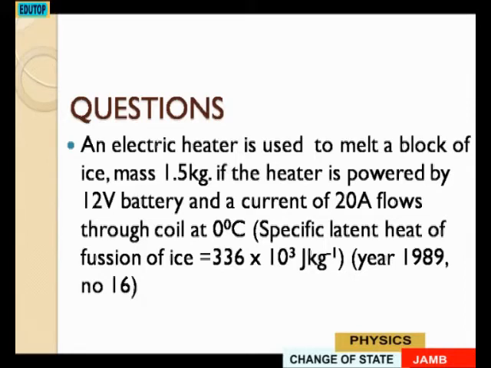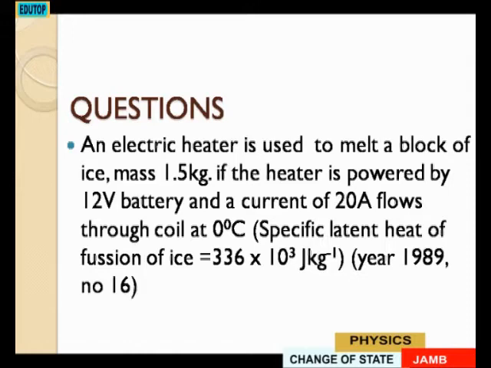We are given the specific latent heat of fusion of ice to be 336 times 10 to the power 3 joule per kilogram. In this case, we make use of the substance that supplies heat, and the heat supplied is IVT, which is equal to ML.